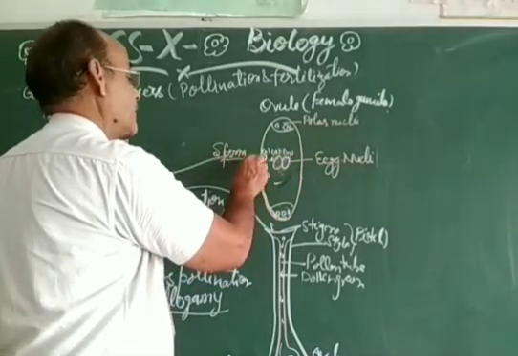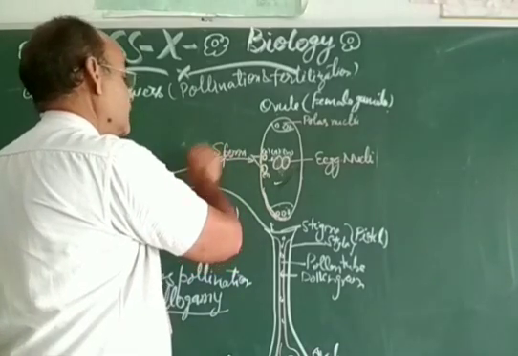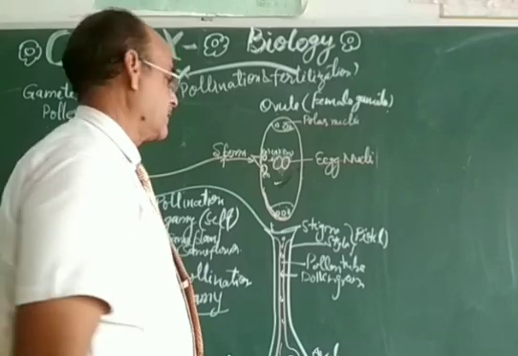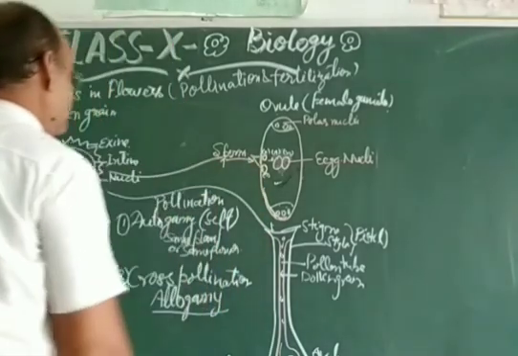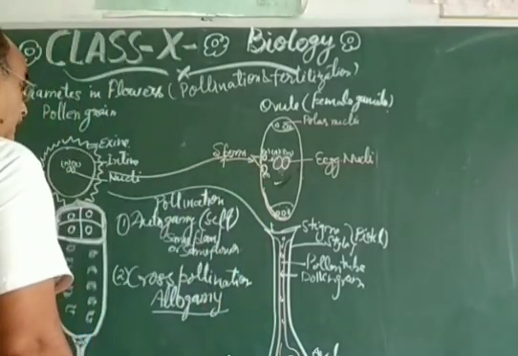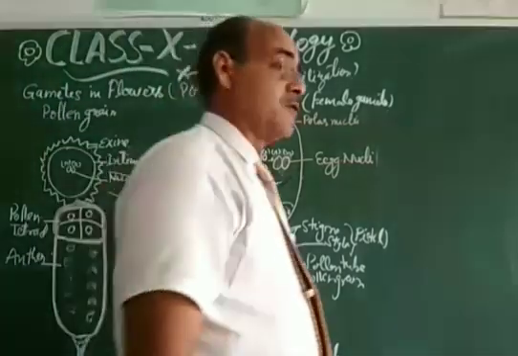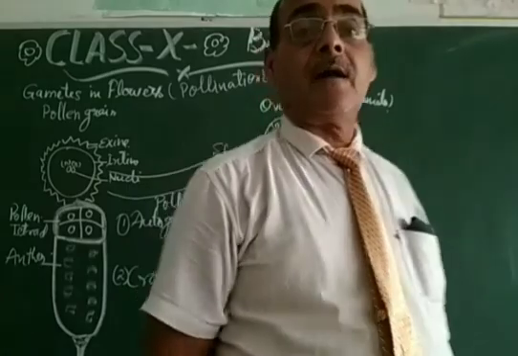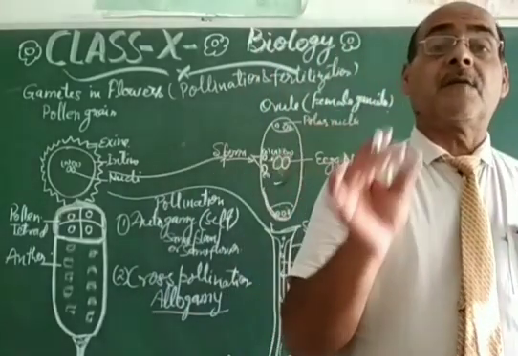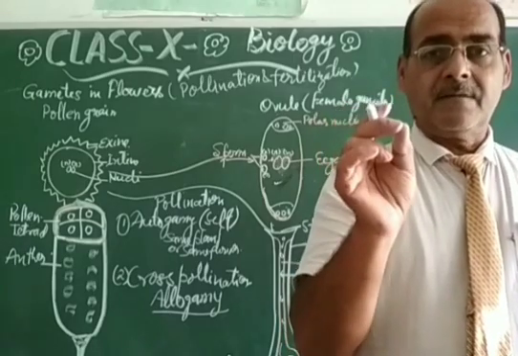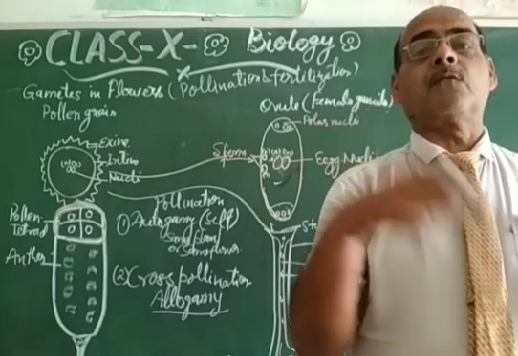And this is the transfer of this nucleus to this ovum during the fertilization process. These are the sperm nuclei. This fertilization ensures the formation of zygote, the formation of embryo or seed, surrounded by the fruit.